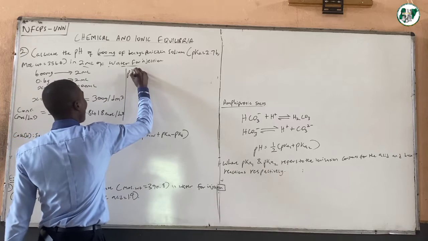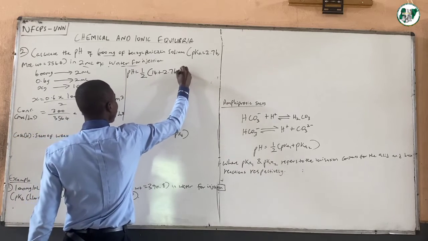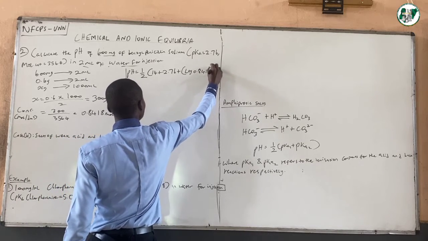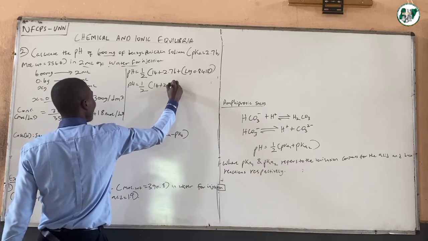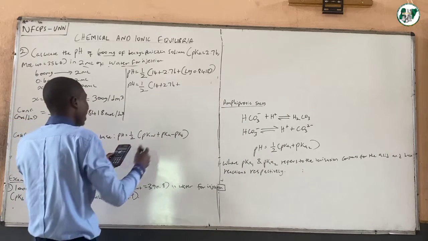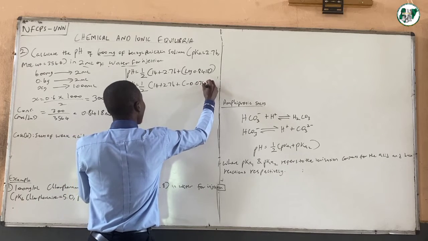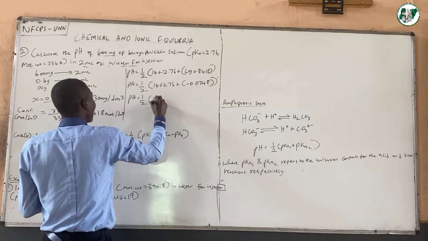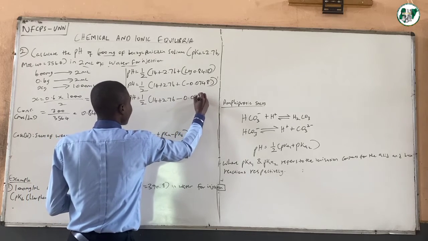Our pH is equal to 1 over 2 (pKw plus pKa 2.76 plus log C), which is log 0.8418 close bracket. So our pH is equal to 1 over 2 (14 plus 2.76 plus log 0.8418). Log 0.8418 is going to give us minus 0.0748.